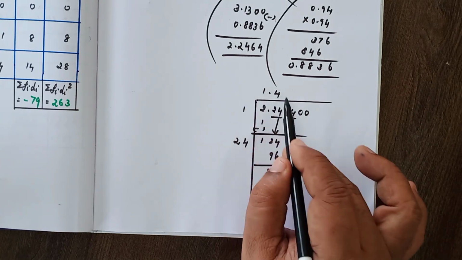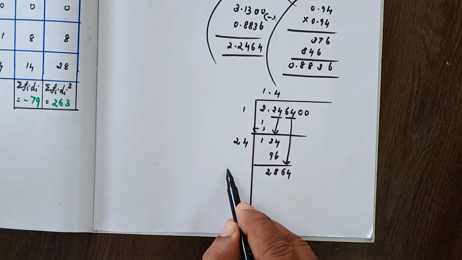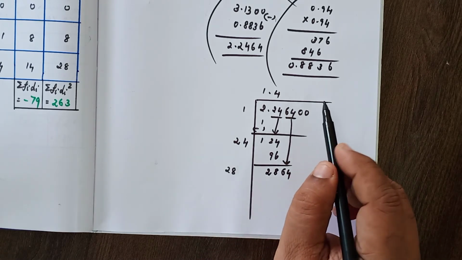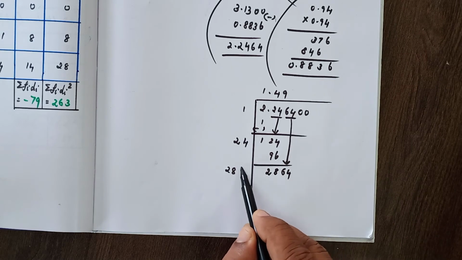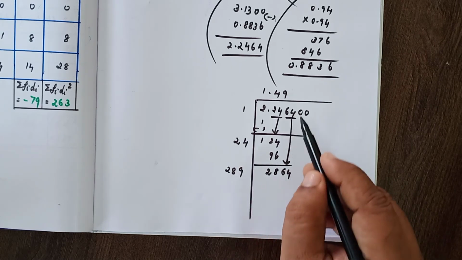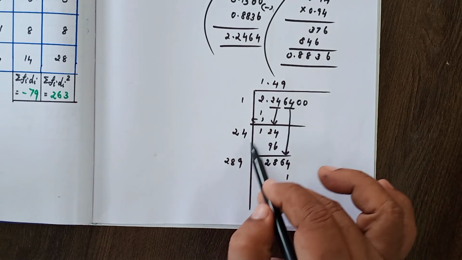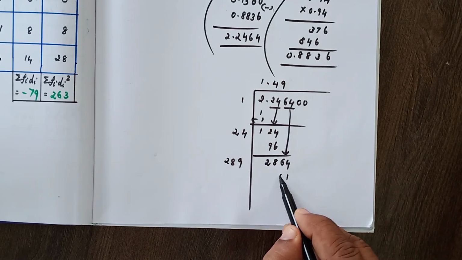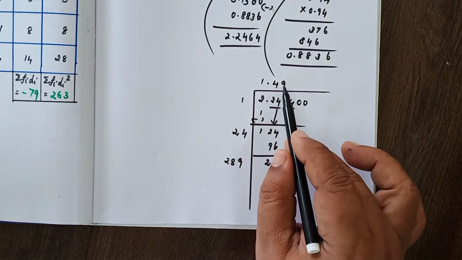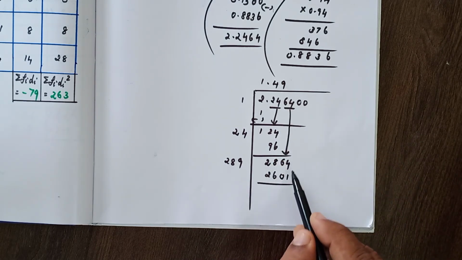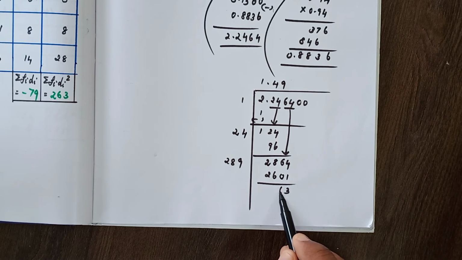Multiply, it should be considered as 14. 14 into 2 is 28. How many times can we go? Up to 9 times. 9, here also 9. 9 9s are 81, balance 8. 9 8s are 72 plus 8 is 80, balance 8. 9 2s are 18 plus 8 is 26. Then subtract, you'll get 263.